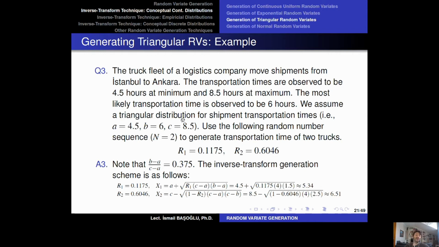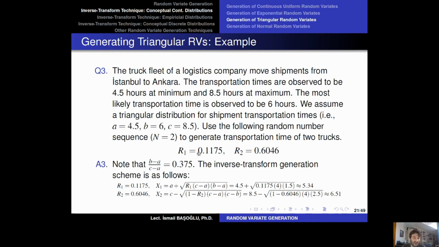Now, we assume a triangular distribution for shipment transportation times. We are going to use the following random numbers again, 0.1175 and 0.6046, to generate the transportation time for the next two trucks. What we need to do is, first, check which random numbers are less than (b minus a) over (c minus a).